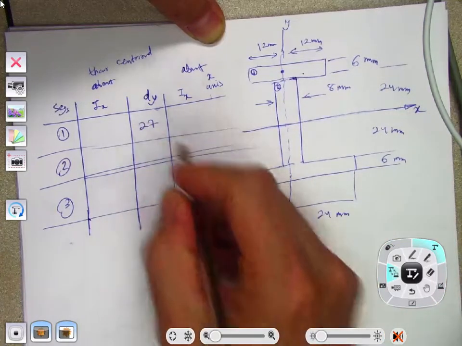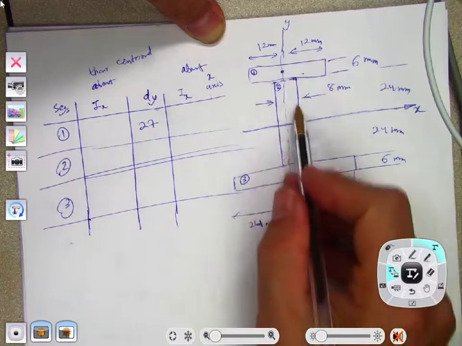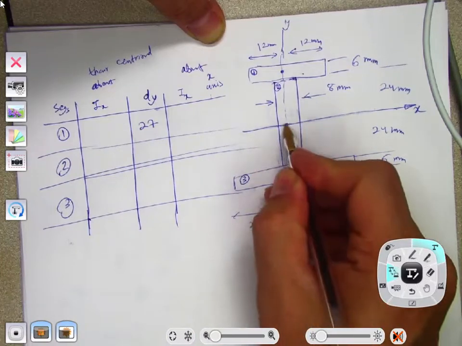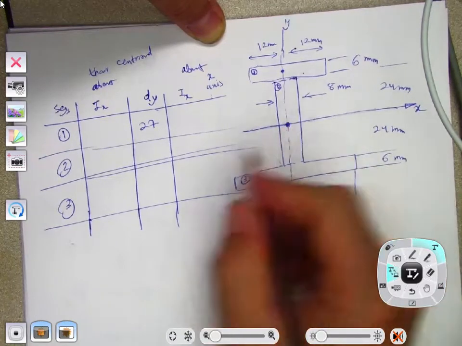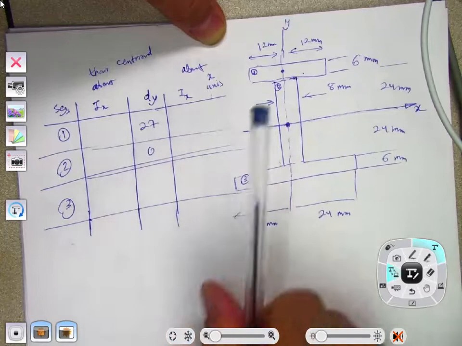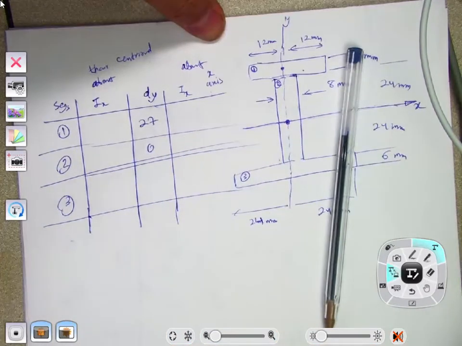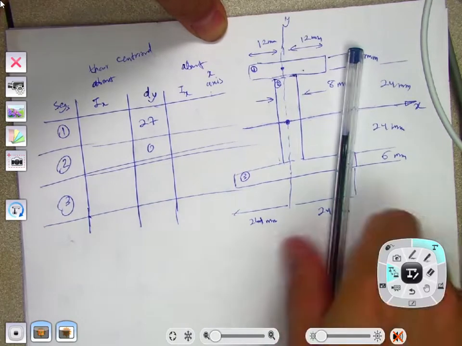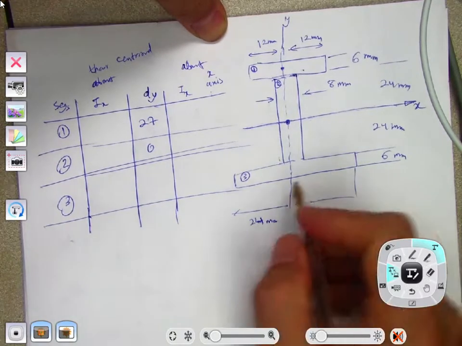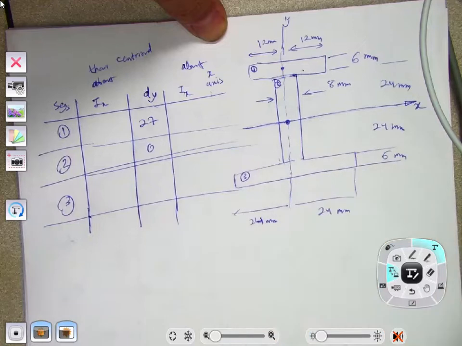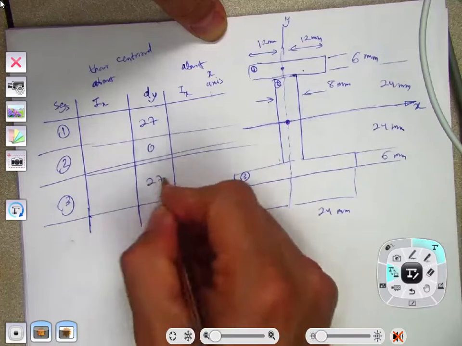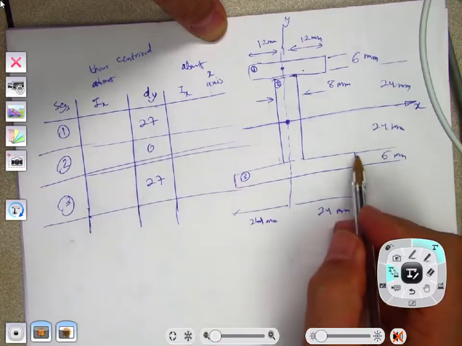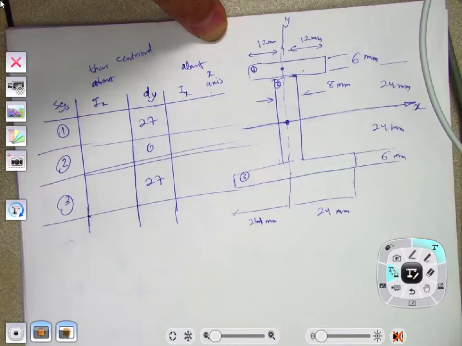For segment 2, the centroid is at the center, so we are lucky for that one. The x-axis is passing through its centroid, so the distance is going to be 0. And then the third segment has a distance similarly 27 from the x-axis. So 3 millimeter here, 24 here, 27.